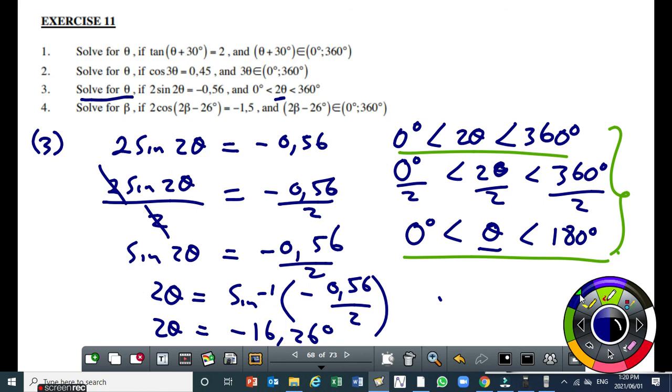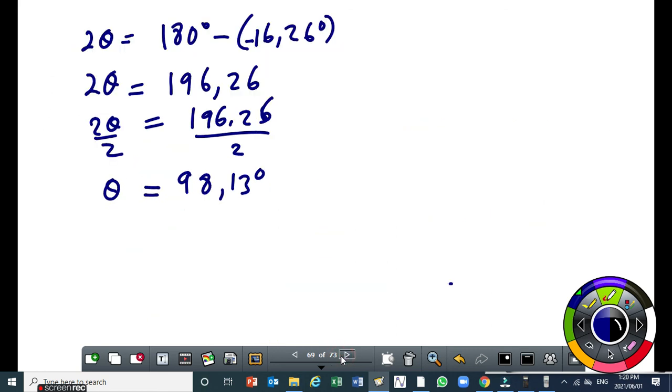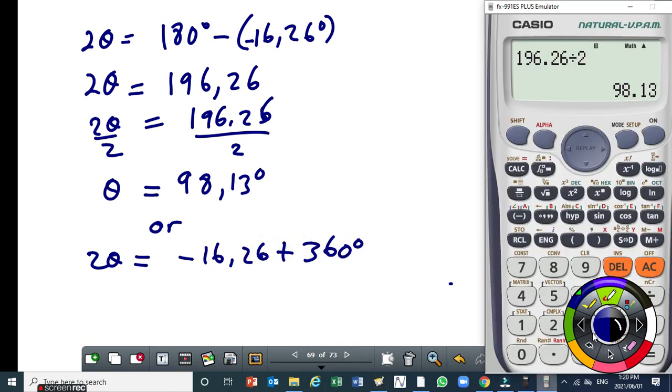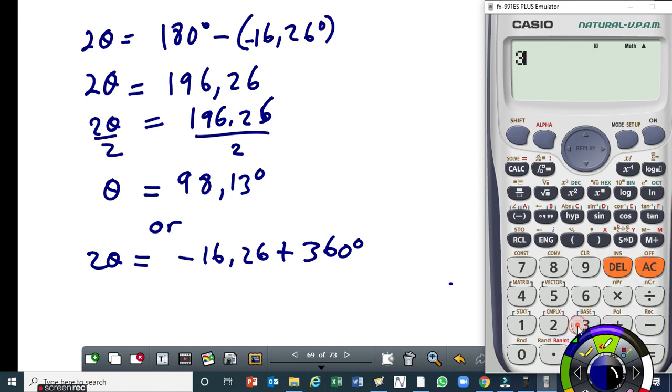So what I have to do is add 360 to this angle to get the angle in the fourth quadrant. So we'll end up having 2 theta is equal to minus 16.26 plus 360 degrees. Let me see what that gives me. It will be 360 minus 16.26, that will give me 343.74.